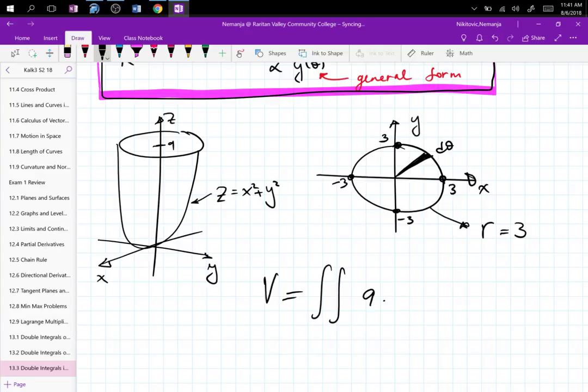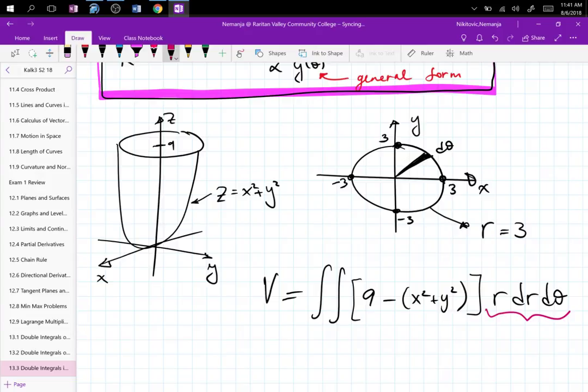So I still have 9 minus x squared plus y squared. This is the shape that we have to integrate. And we have r dr d theta. You must memorize the string. r dr d theta is a unit. This is a unit. So that r there is not for decoration.